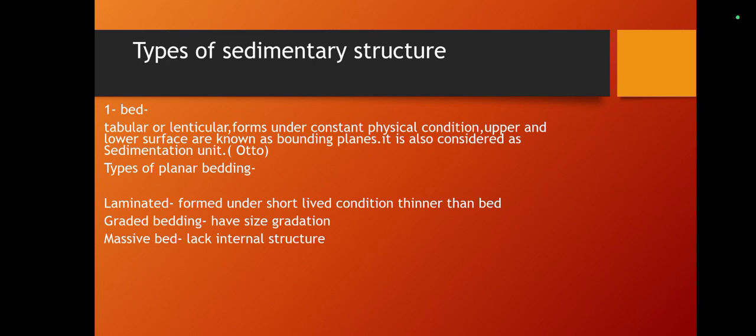Beds generally form in more constant physical conditions, which are more long-lived, and that's why they are thicker than the laminated beds. Laminated beds can be formed both by suspension settling and traction transport of sediments.